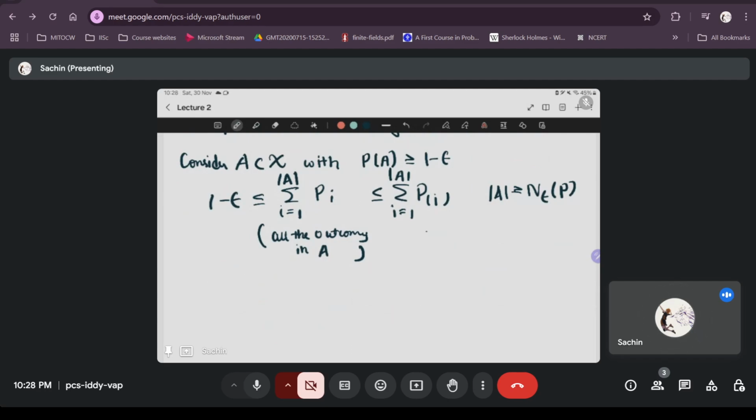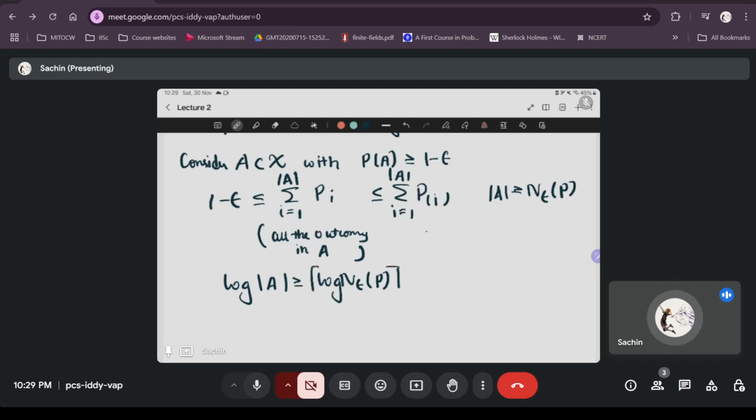Then what do you have from this? So from this, if we take a log on both sides, that would mean log A is greater than or equal to log of n epsilon of p.